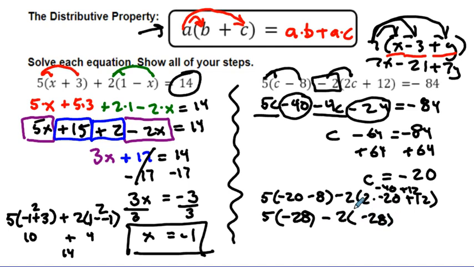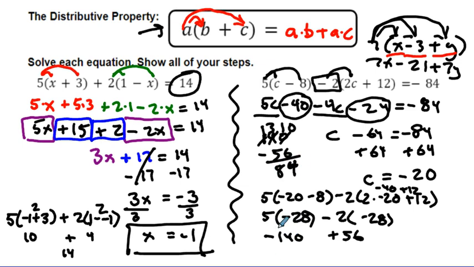So this is going to be positive. So this is going to give me plus 56. Okay, and then this is going to give me a negative 140. And then if I subtract, 140 minus 56 becomes 84.